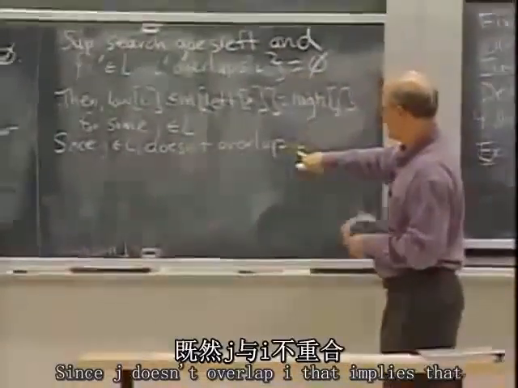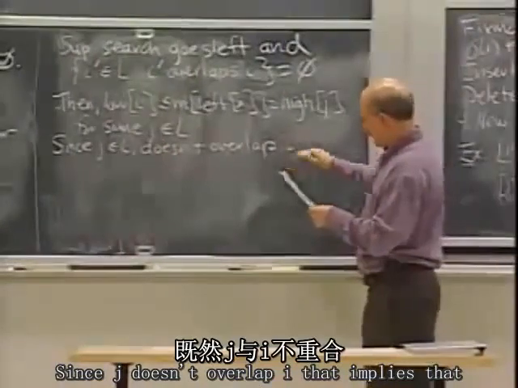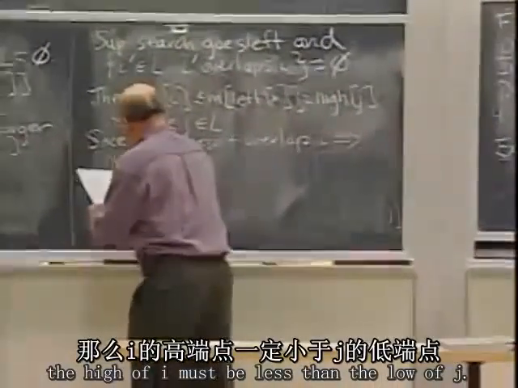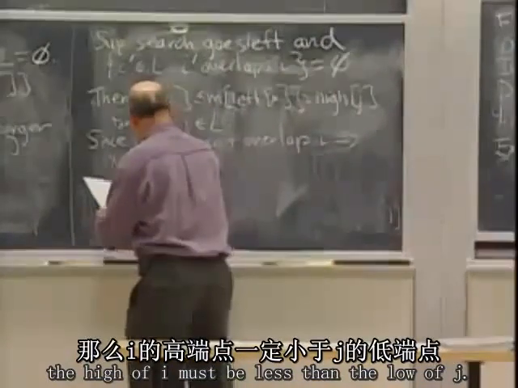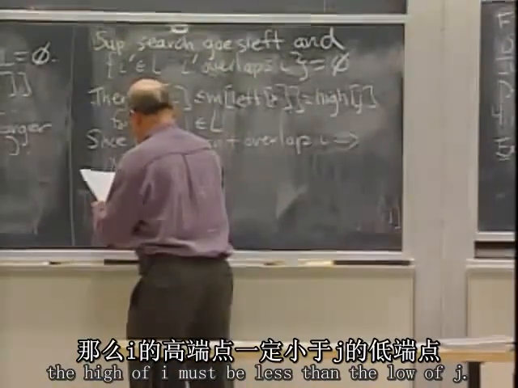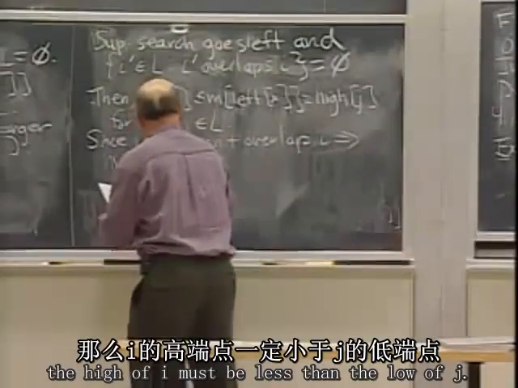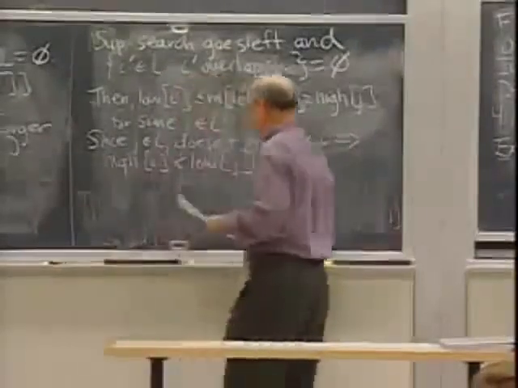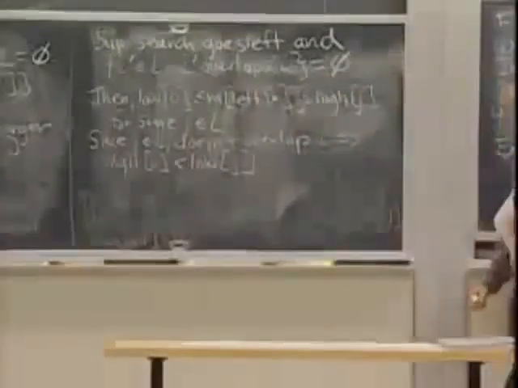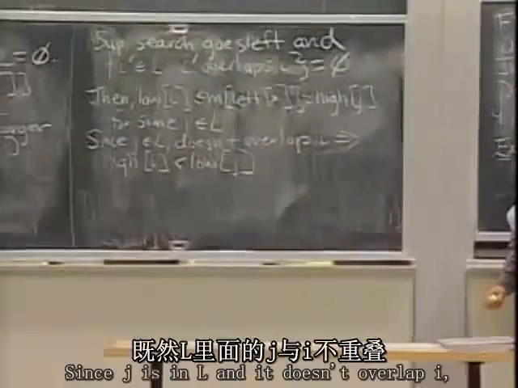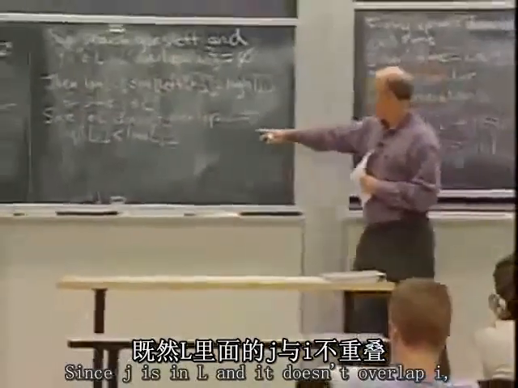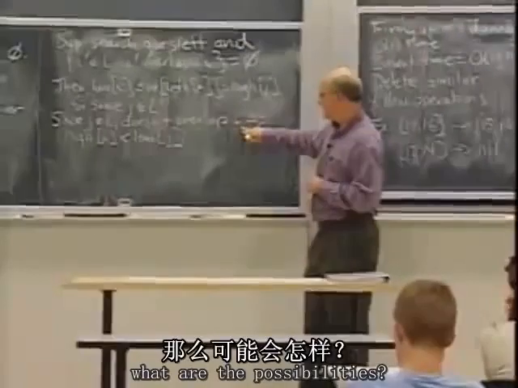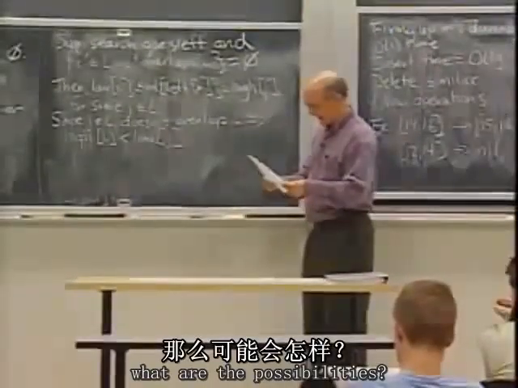So since j doesn't overlap I, that implies that the high of I must be less than the low of j. Okay? So since j is in L and it doesn't overlap I, what are the possibilities?